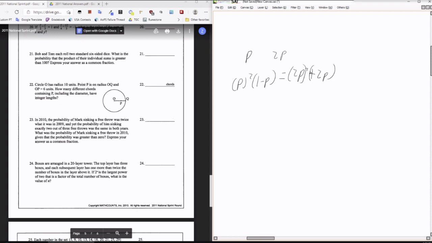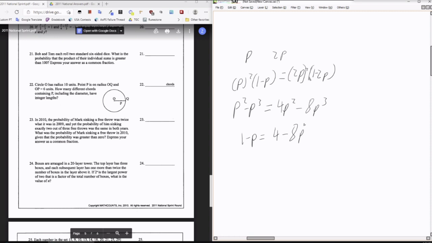So we can expand this, right? We end up with P squared minus P cubed equals 4P squared minus 8P cubed. We can take a P squared out of all these. So 1 minus P equals 4 minus 8P.